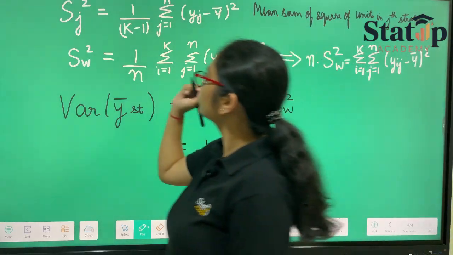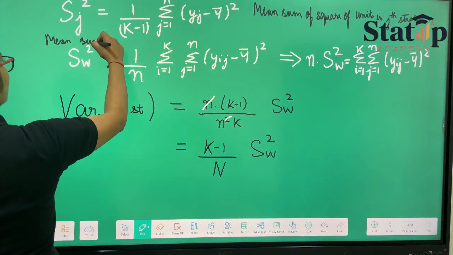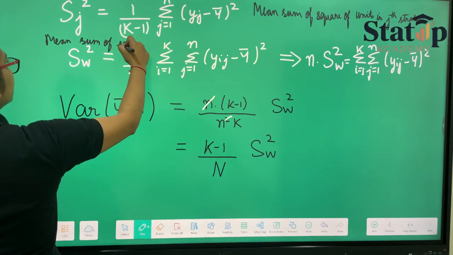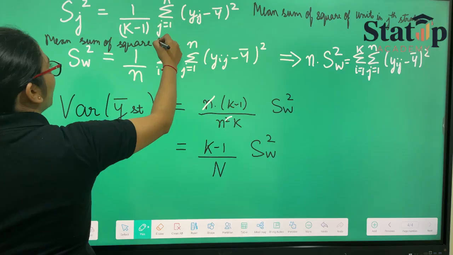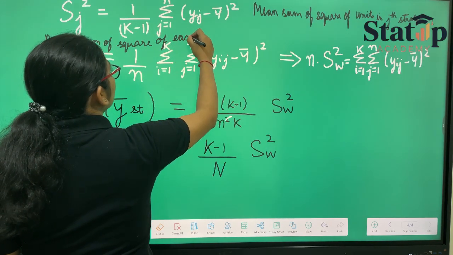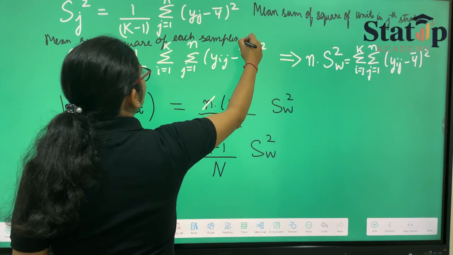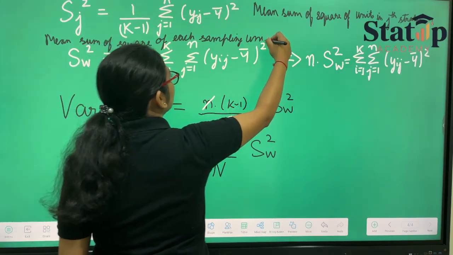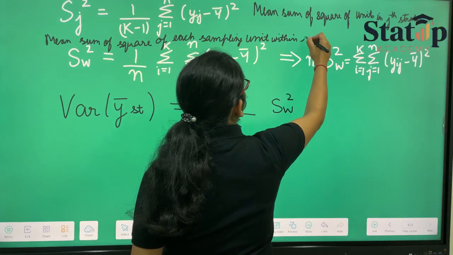and this s w square is the mean sum of squares of each sampling unit within stratum.